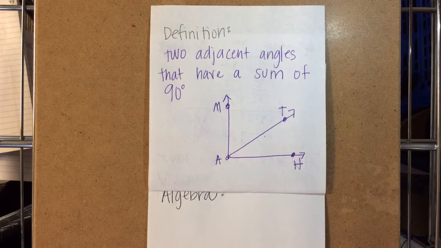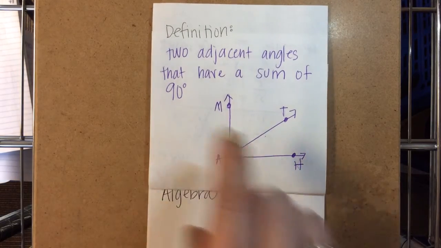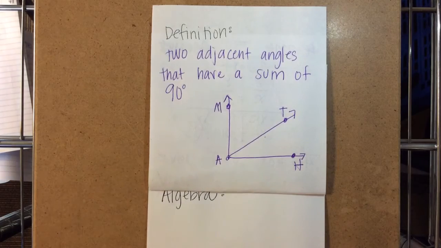How do I know that these make 90 degrees?